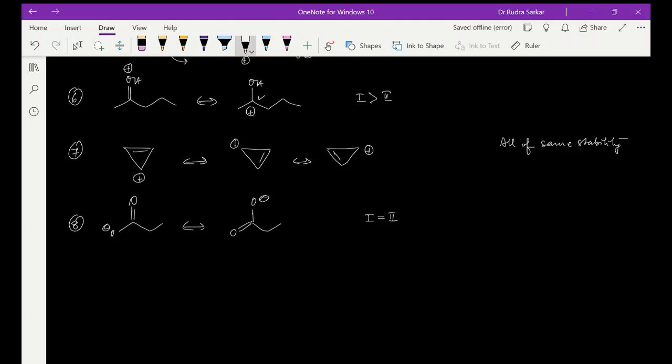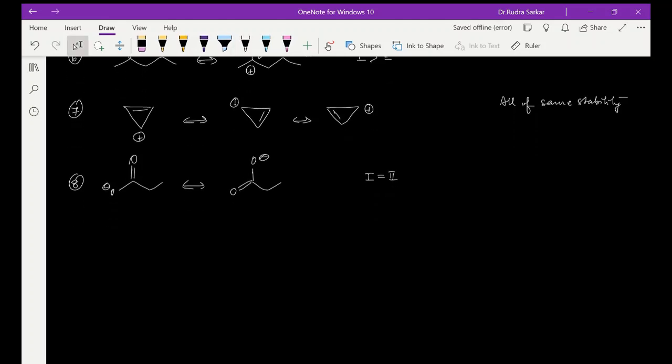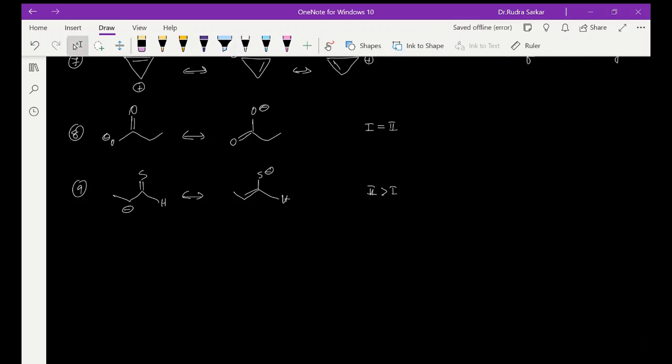That means they are equivalent structures. In number 9, two is more stable than 1 because negative charge lies on the most electronegative atom. Okay.